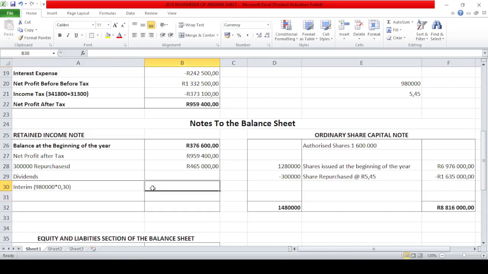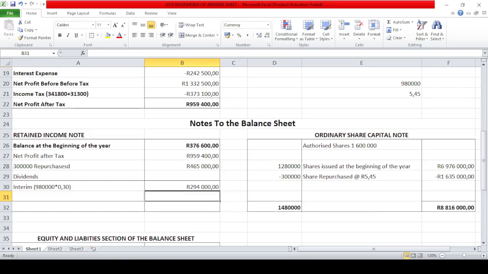So on our calculation sheet, 980,000 shares times 0.30 gives us 294,000 rands. On our ordinary share capital note, we are given these two amounts, and they are already on our answer sheet.